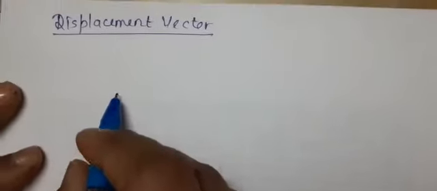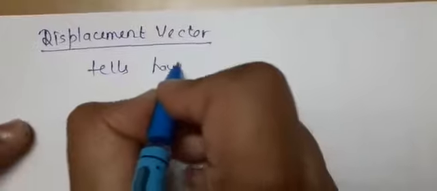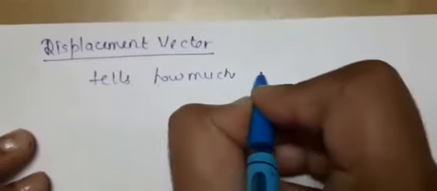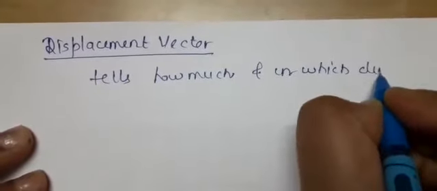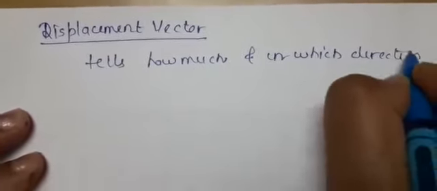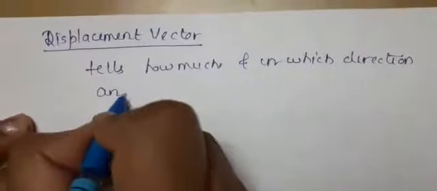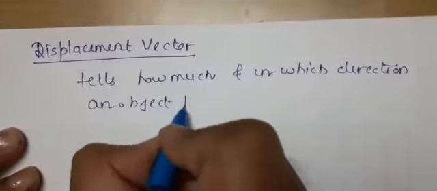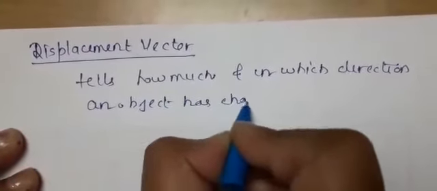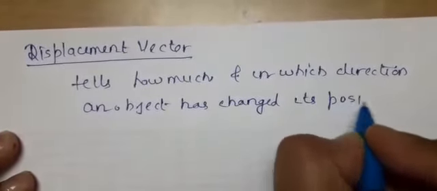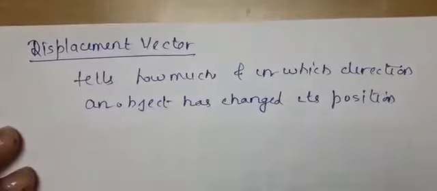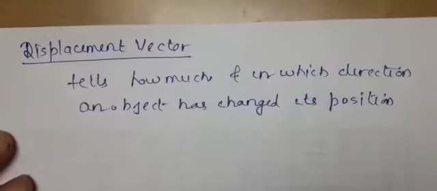The displacement vector is a vector which tells how much and in which direction an object has changed its position.